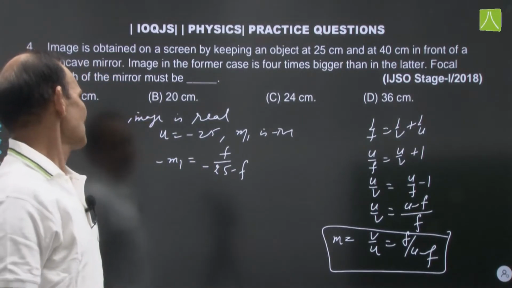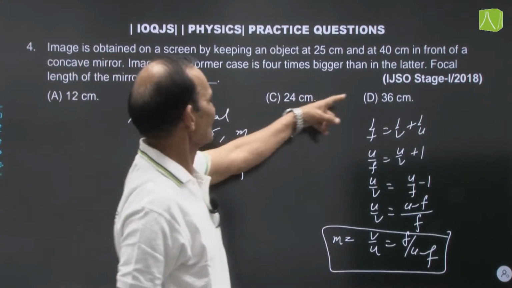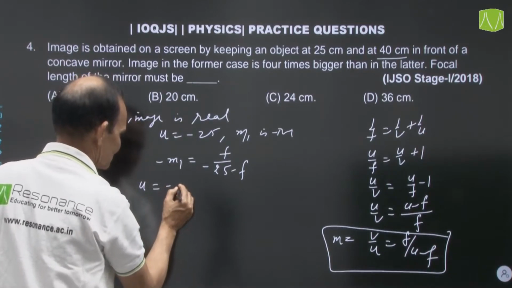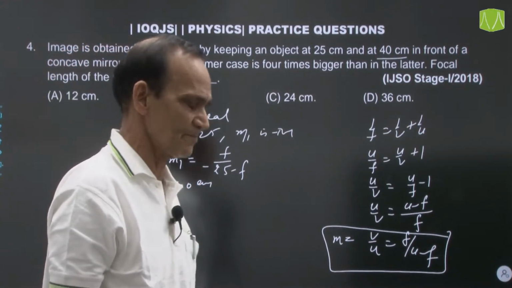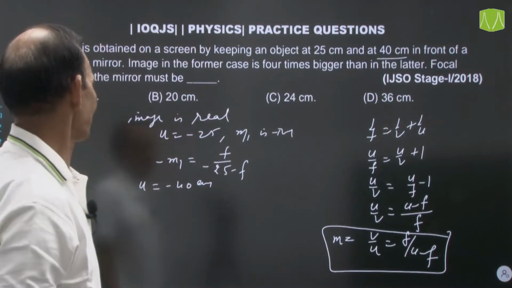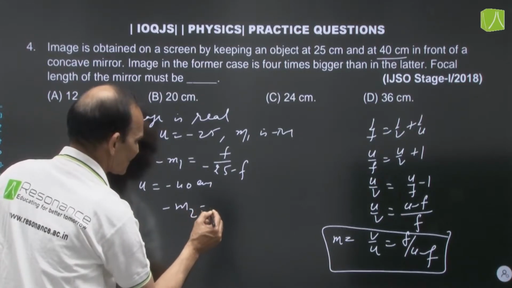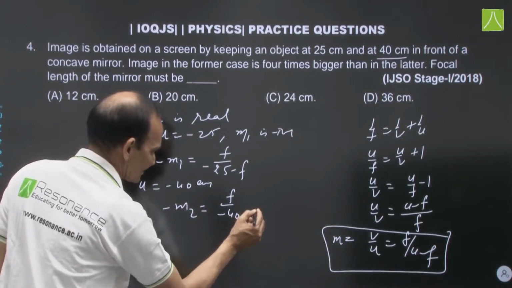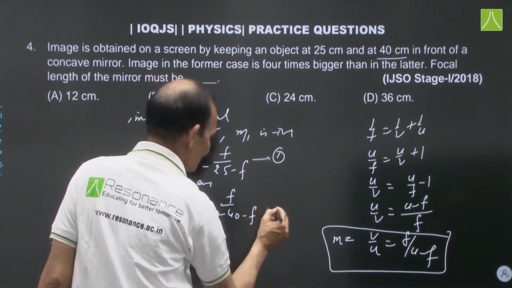In second case, when u is minus 40 centimeter, then m2 will be equals to minus 40 centimeter. We will not put the sign of f because it is to be found. So minus m2, again real, is equals to f upon minus 40 minus f. It is number 1, it is number 2.